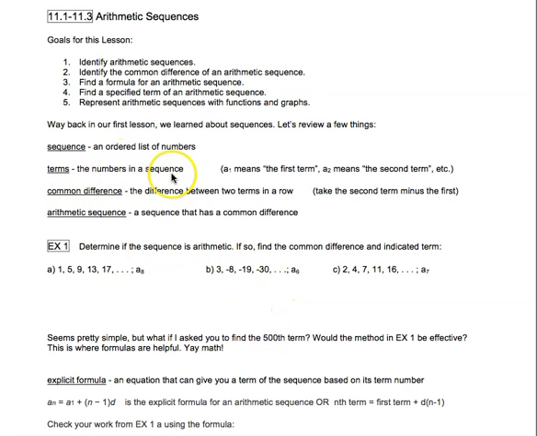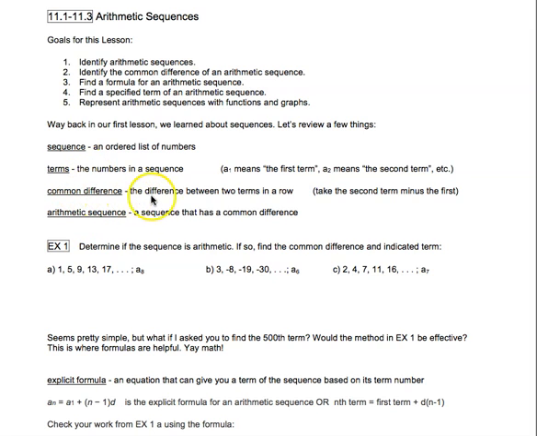The numbers in a sequence are called terms. So this, A sub 1, sub for subscript. So A with a subscript of 1 means the first term. A sub 2 means the second term, so on and so forth. So A sub 100 would mean the 100th term.